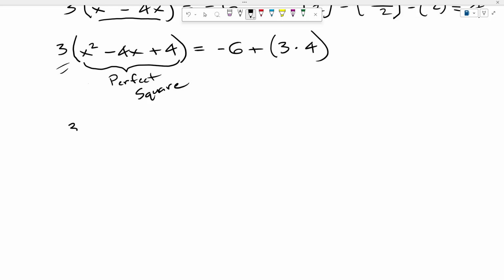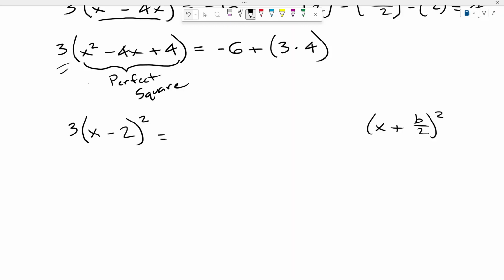So we have 3, and then again, if you want to factor it or just remember from the formula, we end up with our perfect square is x plus, it would be plus negative 2, so plus a negative 2 would just be minus 2, squared.